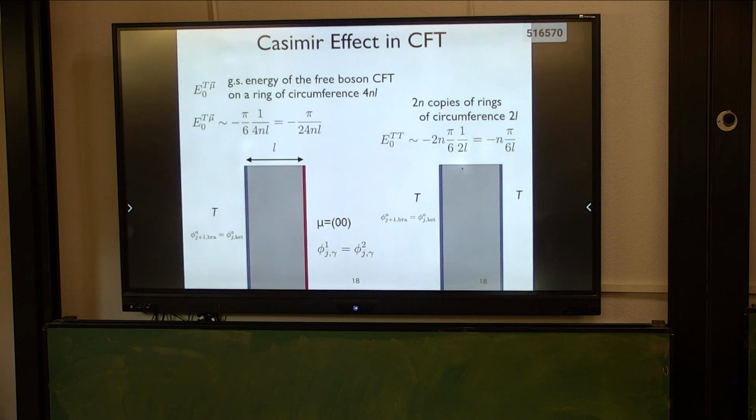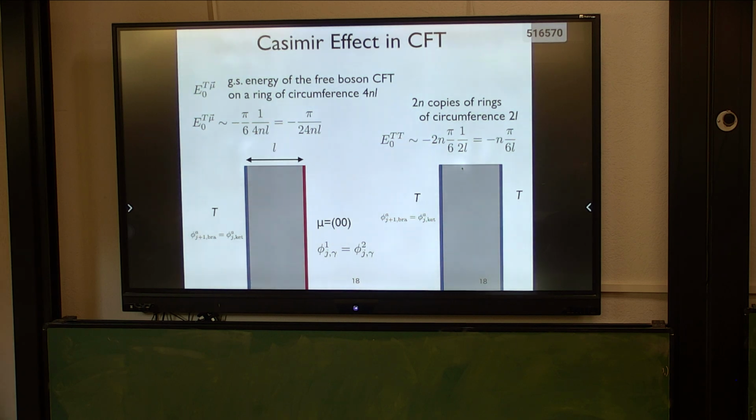So if you go back and forth, then also in this case, eventually all components are connected to all other components. That means that this left setup is equal to a free boson conformal field theory on a ring, but now the circumference is 4n times L, because we had 4n components and everyone is connected to everyone else.